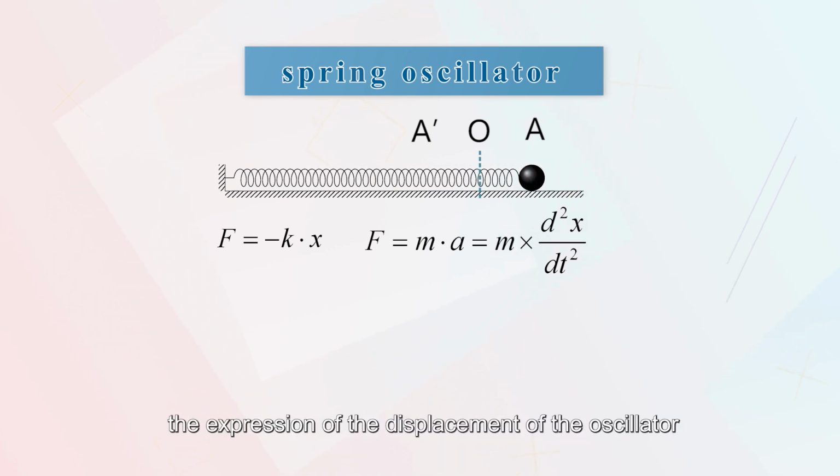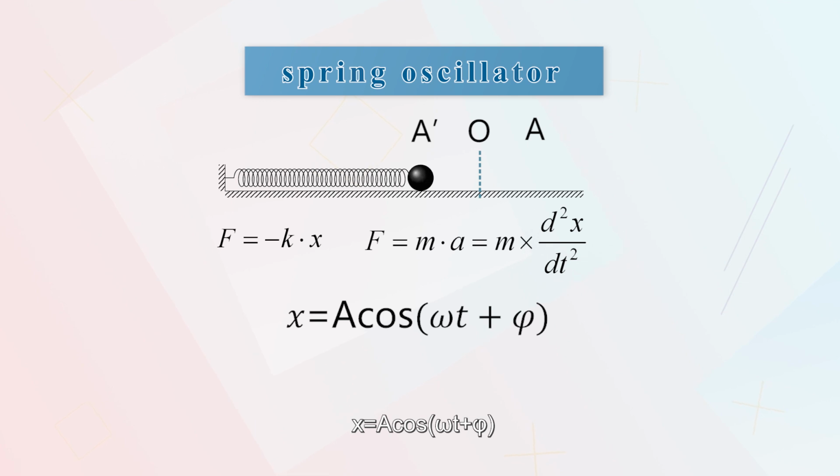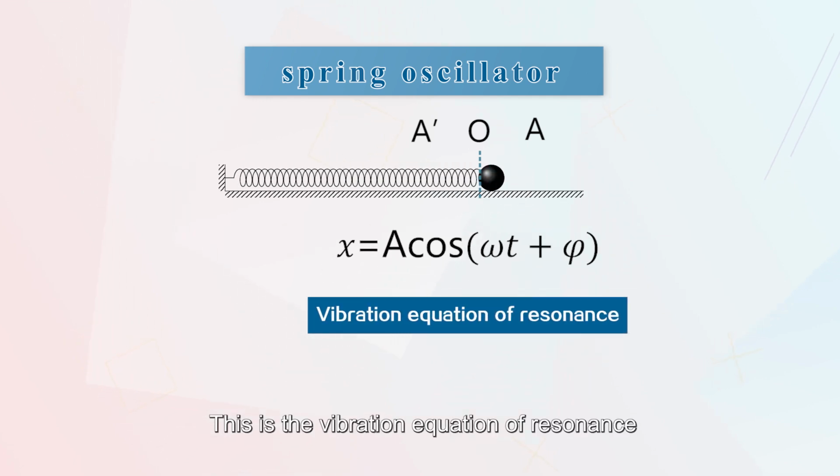From this, the expression of the displacement of the oscillator with respect to time can be obtained: x equals A cosine(omega t plus phi). This is the vibration equation of harmonic vibration.